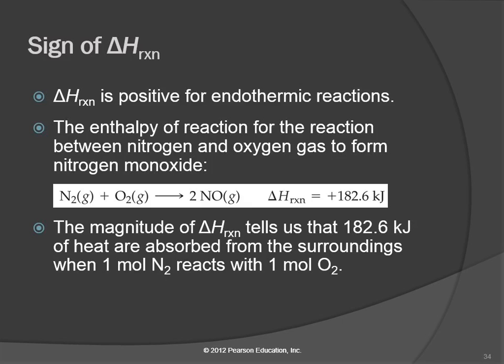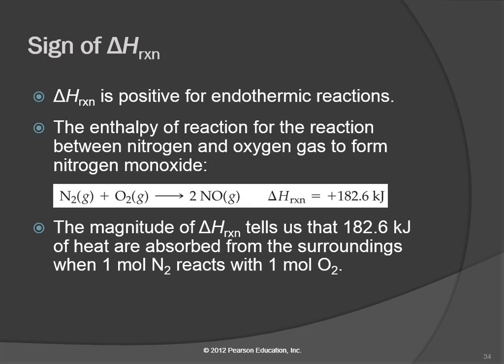Here is an example of an endothermic reaction. So nitrogen and oxygen react to form nitrogen monoxide. Here, delta H is positive. That means the energy is going into the reaction. It's all a matter of perspective, right?